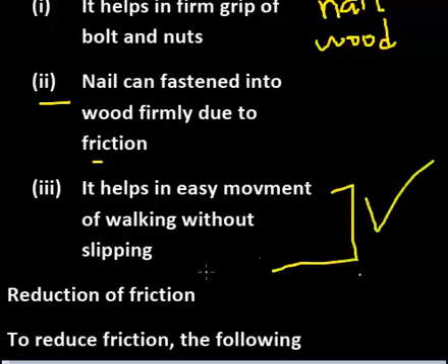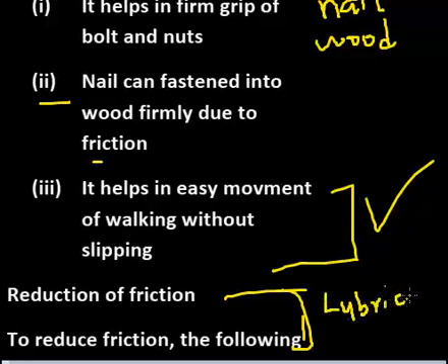So how do we reduce frictional force? One way to reduce frictional force is by applying lubrication, in the form of grease or oil. That's why every engine you work with always has lubricants, or else friction can cause knocking.